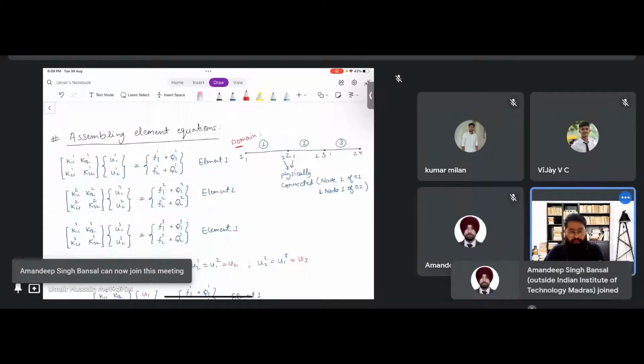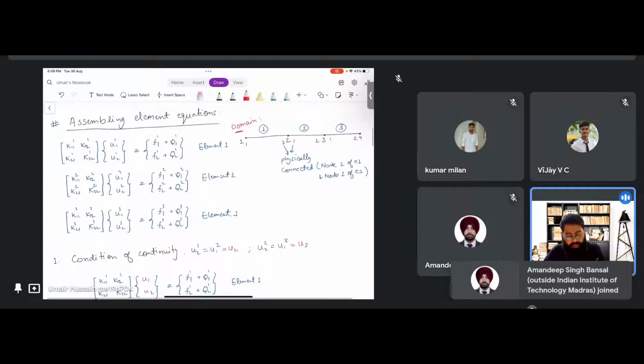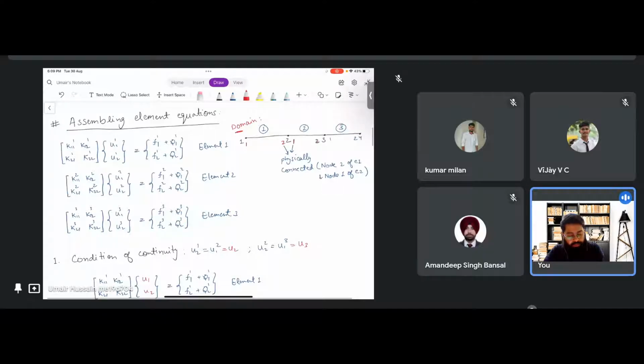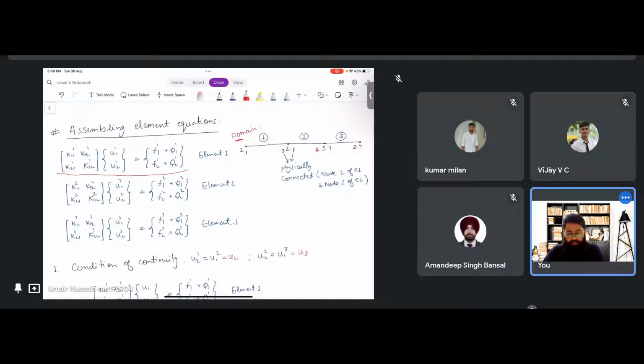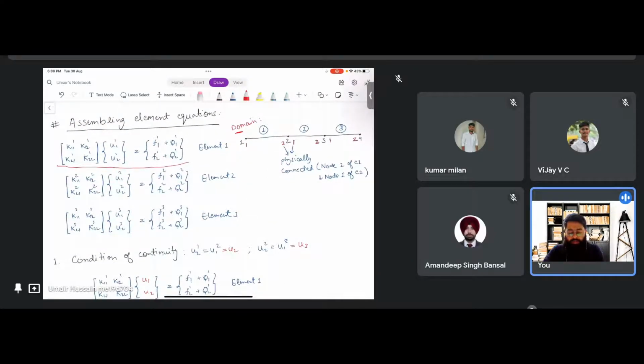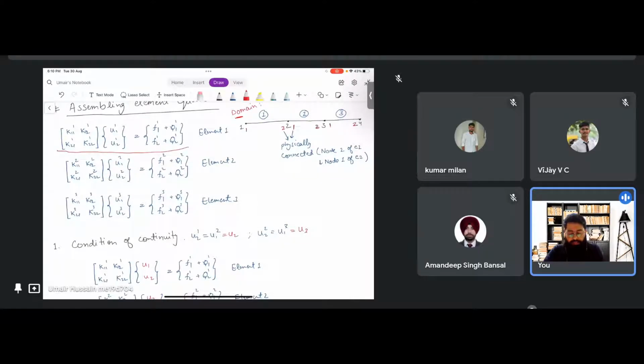For each element we assign elemental nodes, one, two, and one, two. So for each element we can write the required matrices and vectors in this form, and there are certain conditions that need to be satisfied in order to compile all these elemental equations.